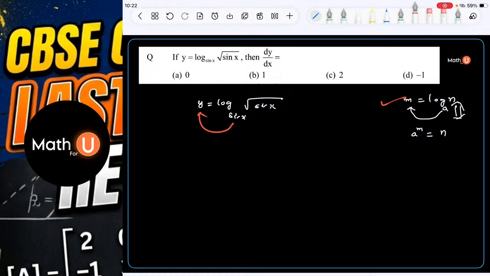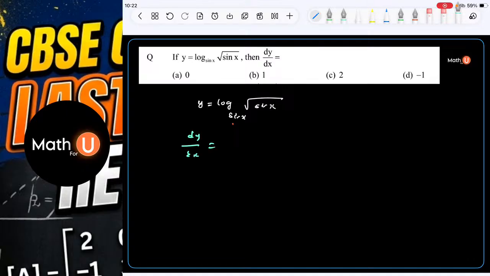I will take sin x base to this side, it becomes sin x whole power of y. Otherwise, I could differentiate directly, but it becomes a power of a function of a function. Instead of applying this, I will differentiate directly: dy by dx, log x differentiation is 1 by x, so 1 by square root of sin x.